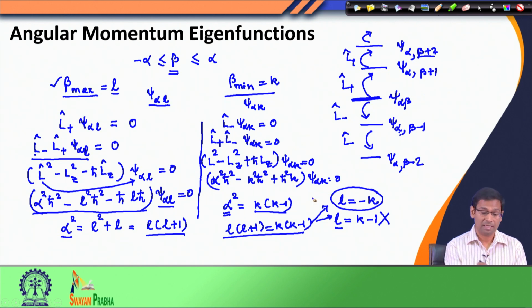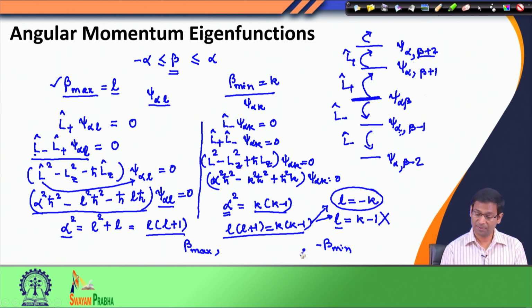So, what is L? Beta max. What is k? Beta min. So, this exercise tells me that I have beta max and beta min, where beta max is negative of beta min.